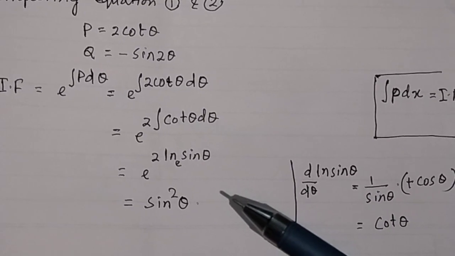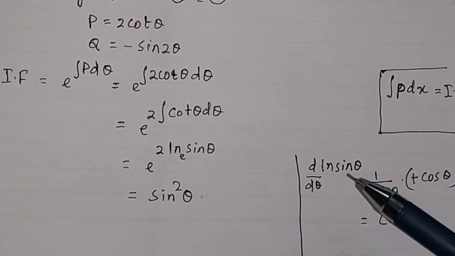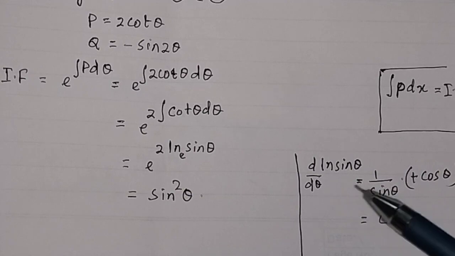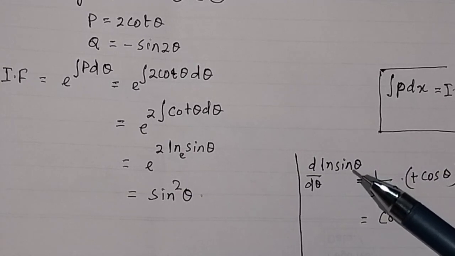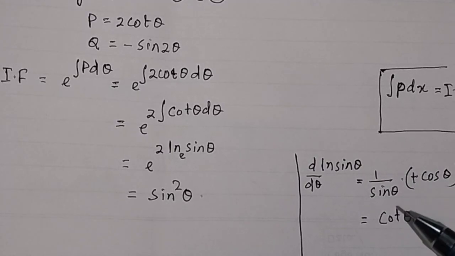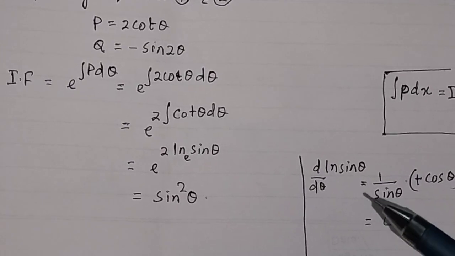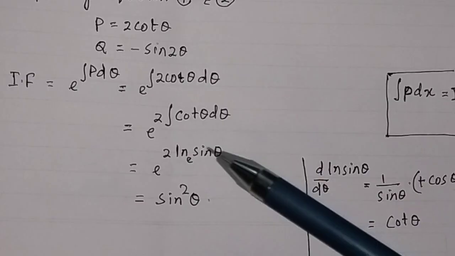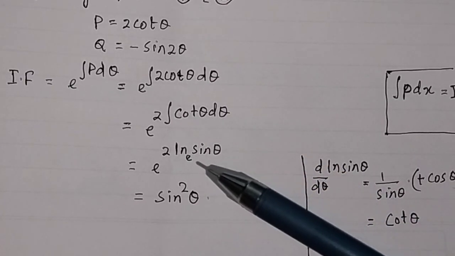Because if you find out the derivative of log sin theta with respect to theta, this will be equal to 1 by sin theta, because derivative of log x is equal to 1 by x, and derivative of sin theta is cos theta, this will be equal to cot theta. That means the integration of cot theta d theta is equal to log sin theta to the base e.